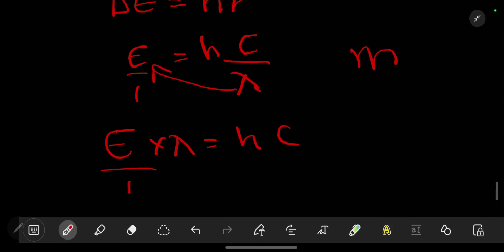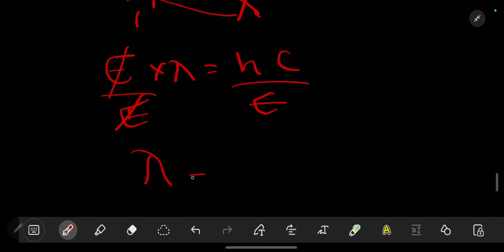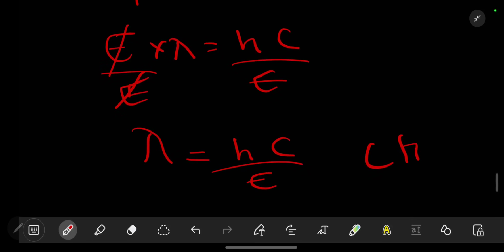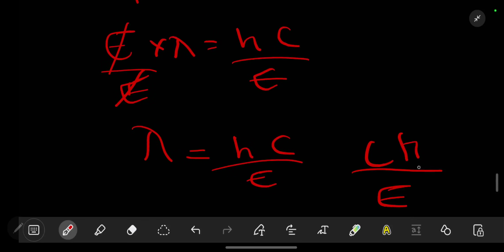We divide over the energy, so this will be our formula for the wavelength, which will be in meters. To remember this arrangement, you can just spell the word chemistry. The last letter has to be down. So this is the formula for wavelength.